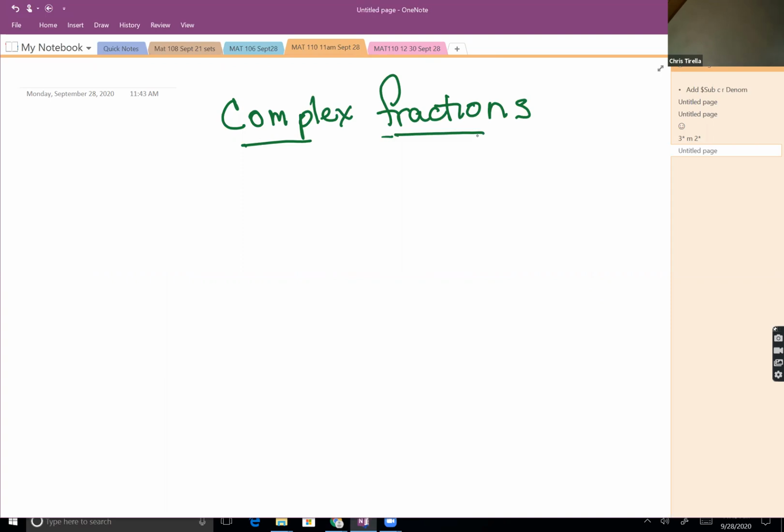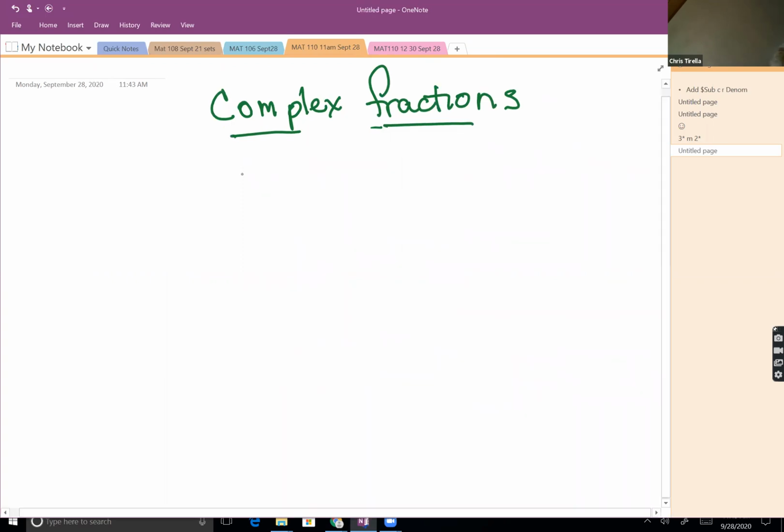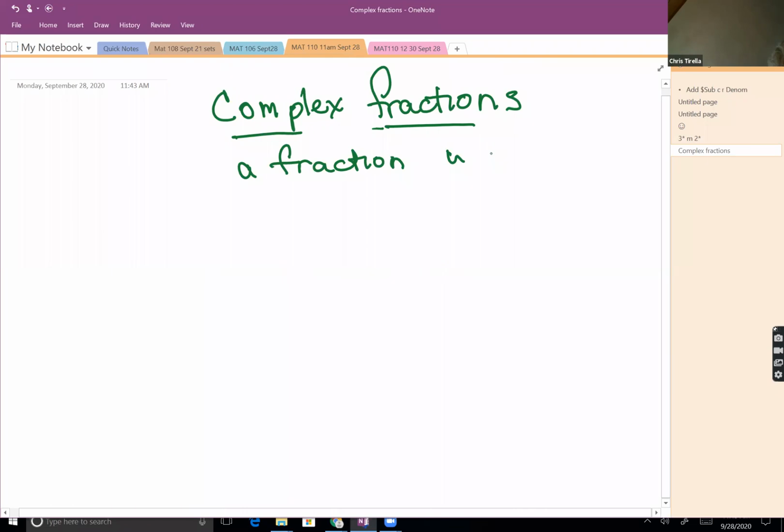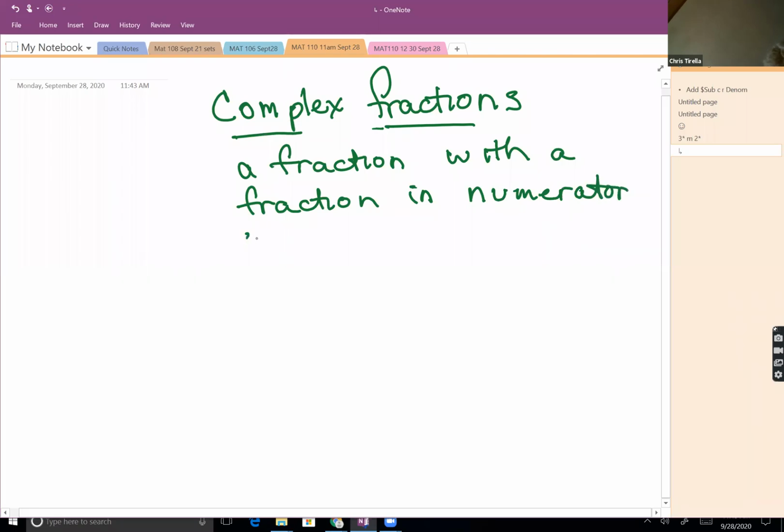And a complex fraction is a fraction with a fraction in the numerator or denominator.